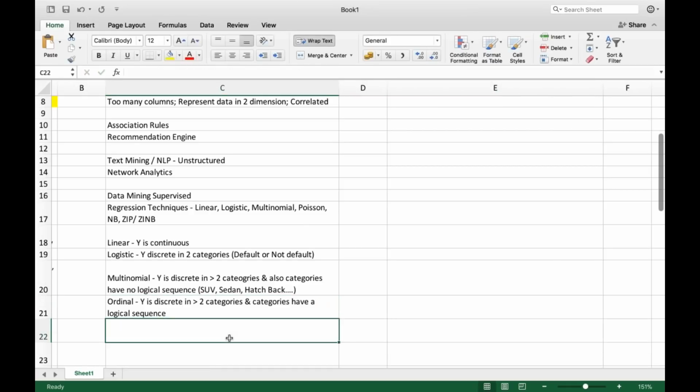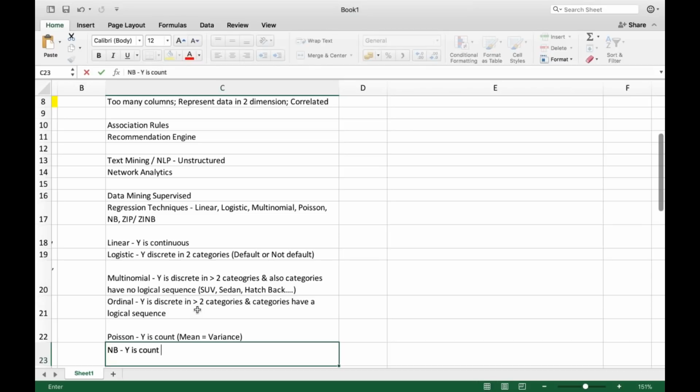All this is fine. Then when do you use Poisson? We use Poisson regression when the output variable is count, number of accidents, number of people entering a shopping mall, etc. And when mean is equal to variance, that is a condition. When do you use negative binomial? When the output variable is again count, but when variance is greater than mean, which is also called over dispersion.